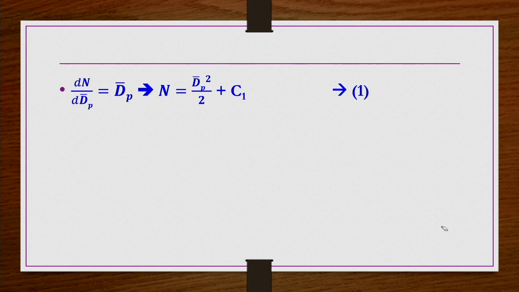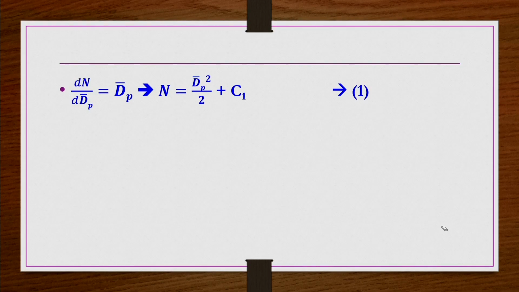First we have to find out the n distribution, because to get the Sauter mean diameter and mass mean diameter using the number of particles in each increment, we need to know ni for each increment. For that reason we need to find n from these 2 expressions given in the problem. We have dN by dP bar is equal to dP bar for dP bar 0 to 10 microns. When you integrate it, you get n is equal to dP bar square by 2 plus C1.